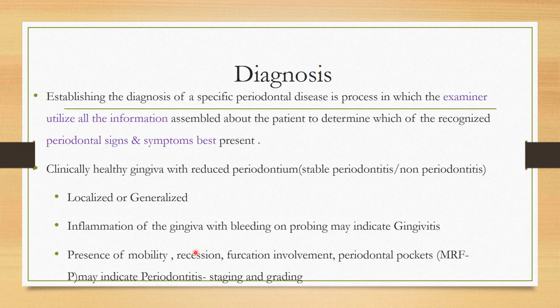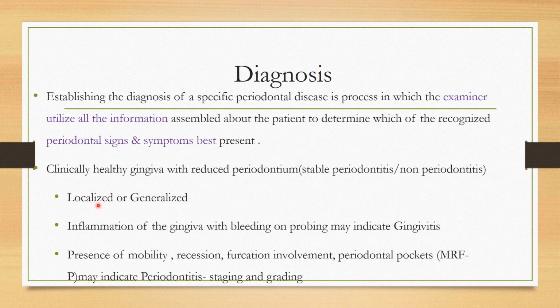Coming to the diagnosis, establishing the diagnosis of periodontitis is a process in which the examiner utilizes all the information that we have assembled, evaluates it and comes to the diagnosis. There are different diagnostic patterns, that is clinically healthy gingiva with reduced periodontium, which can be due to successful treatment leading to stable periodontitis, or non-periodontitis like cervical abrasion and crown lengthening.